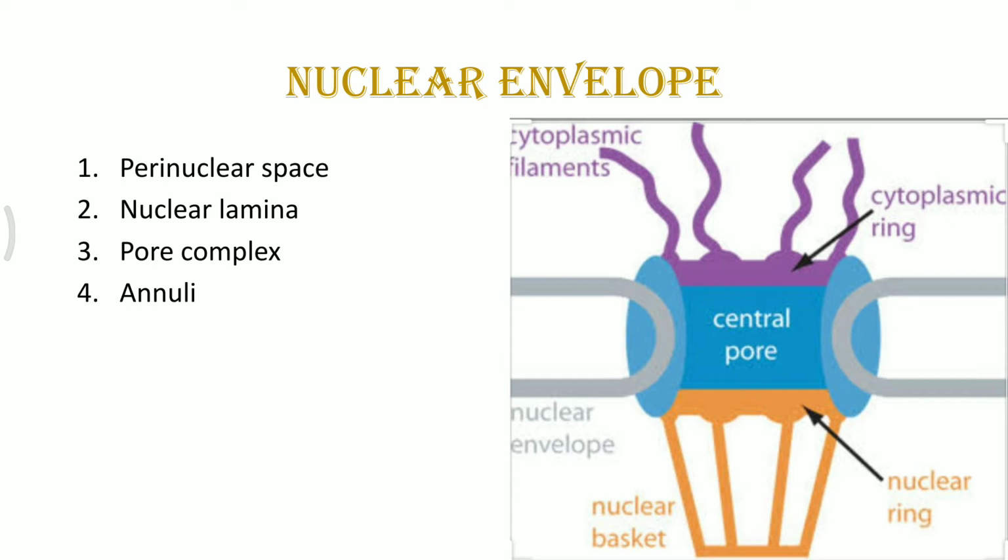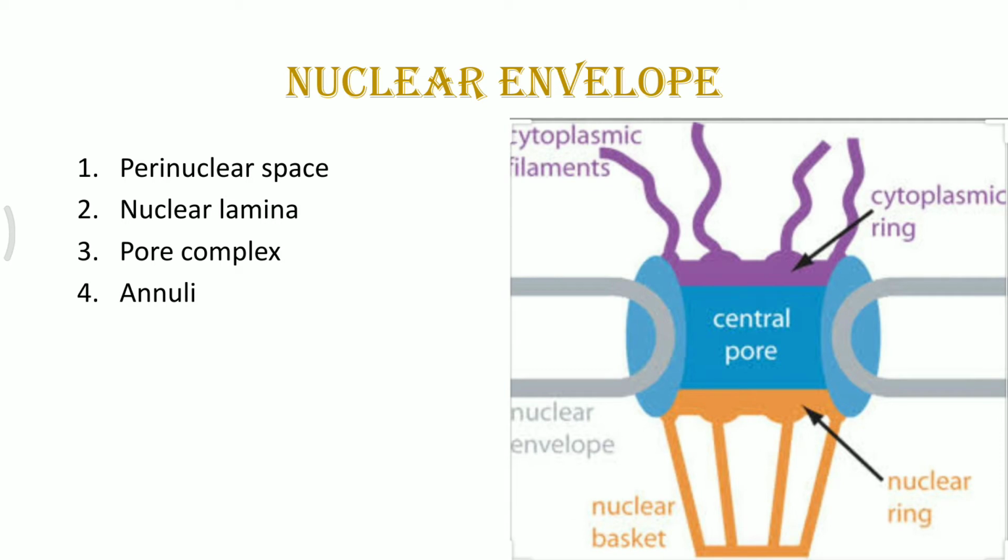Now both these structures are formed in continuous proximation with the endoplasmic reticulum at various places. Sometimes there is presence of certain channel proteins, and in between the outer membrane and inner membrane, although it is a continuous circular structure, there is a pore.